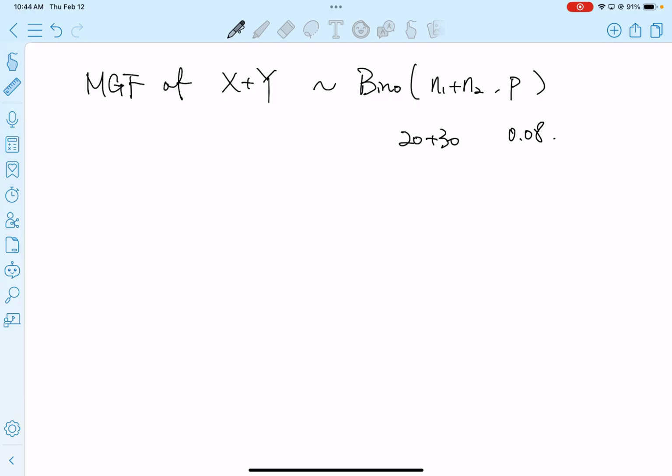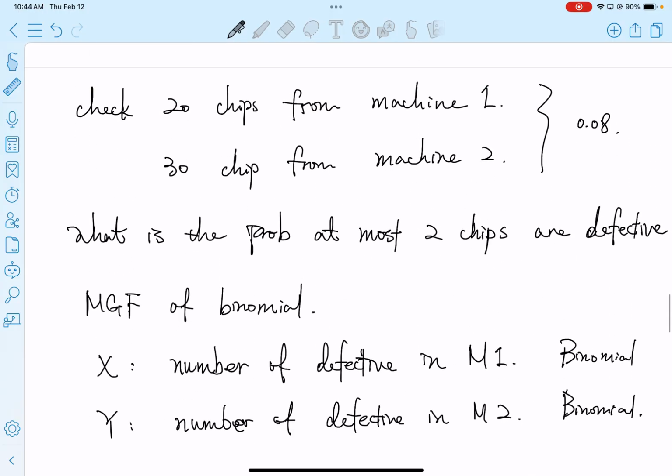And the probability for each of them defective stays 0.08. So you need to use the moment generating function, identify that, and then you will get the probability mass function for x plus y. After you have all that information, then you can talk about the probability for the question that I asked here.